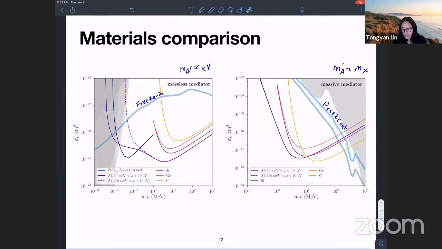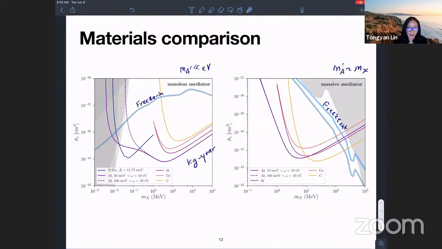Okay, and now all the different colorful lines are projections for if you had a kilogram of material and you waited a year and you had very low background, what's the best you could do in different materials?